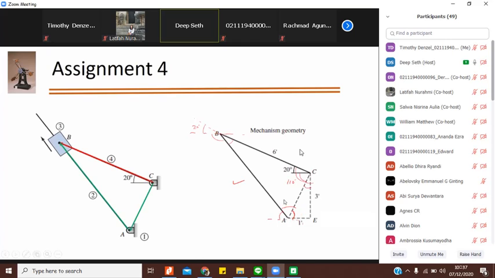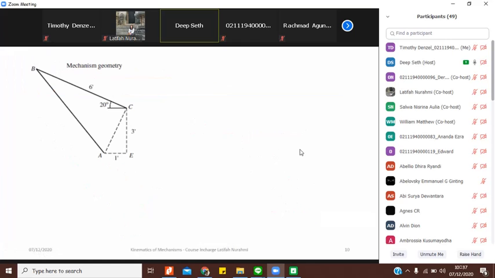So how will you find this angle? Basically, using this trigonometric function over here, you can find angle ACE, that is nothing but tan inverse 1 by 3, right?